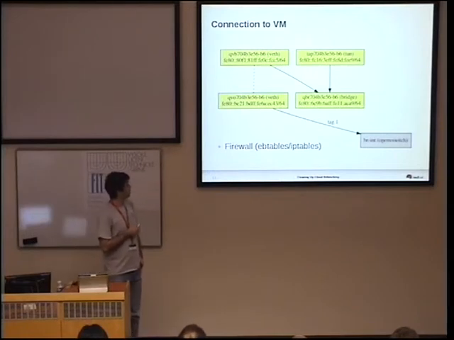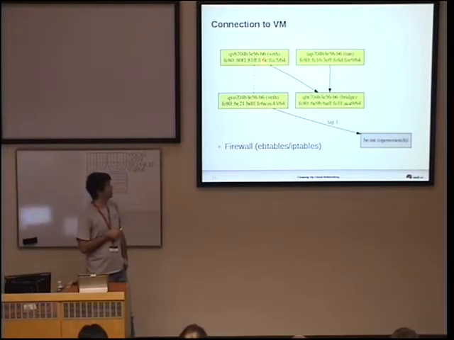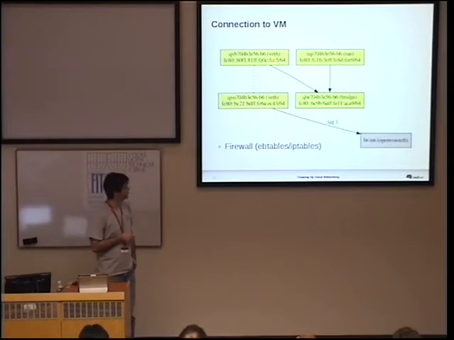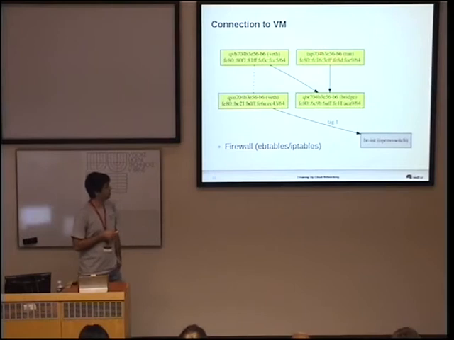Well, first, if you don't know what a veth pair is, it's some kind of pipe. Whatever enters this interface is received on this one, and vice versa. So the traffic from the VM goes through the tap device to the Linux bridge, then to the veth device.